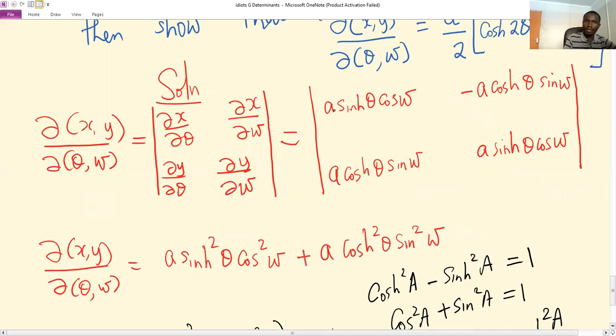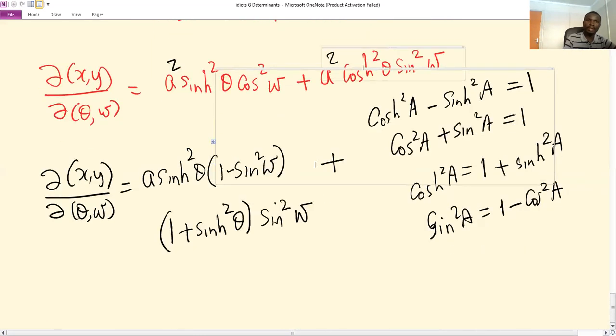I remember this a times a was supposed to be squared, this also supposed to be squared. So correct that. So this will be a squared, and then we have an a squared here.